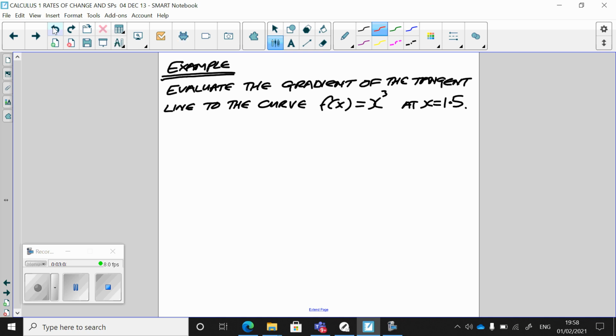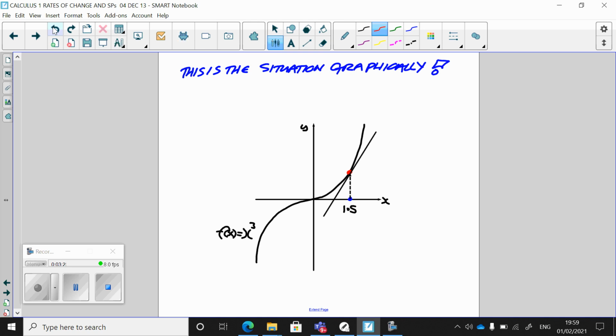f of x, or y, equals x cubed. I'm using the function notation here because I'd like to see the value of x I'm going to put in. We want the gradient, the tangent line of the curve x cubed at x equals 1.5. If you want a wee picture of that, the curvy part, y equals x cubed, f of x equals x cubed.